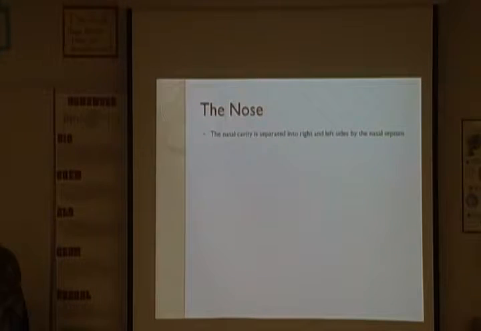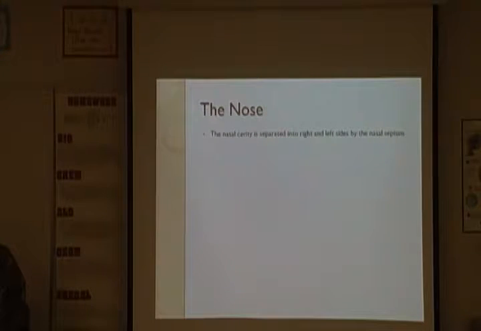You may have noticed this when you have a cold, like one side of your nose is stuffed up and the other one is not. The one that feels more stuffy is probably the smaller side. Is it always going to be the same one? It switches. But that's why sometimes only one half feels stuffy and the other half doesn't.